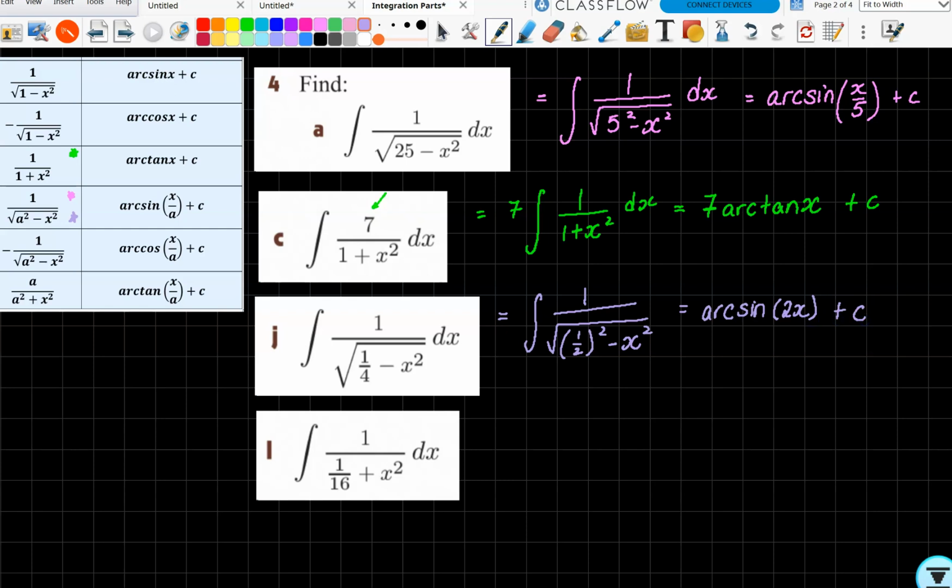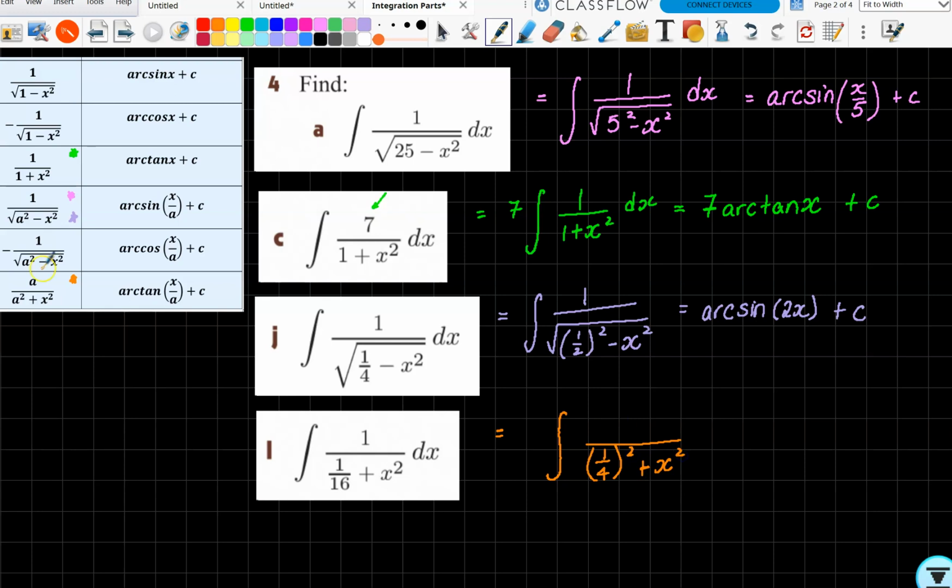And last but not least, we've got the 1, we've got something plus x squared. Again, no square roots. So for this one, oh, let's go orange. I think we're looking at this. The problem is, like we just used in the first one, downstairs to get 1/16, that's a quarter squared.